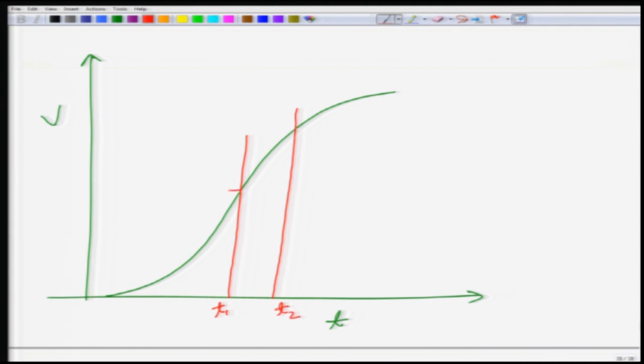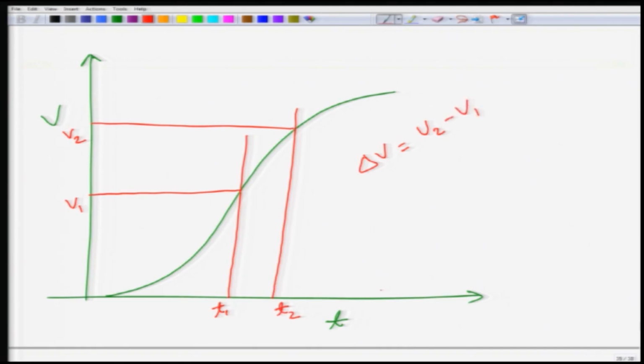The volume at time t equal to T1 was V1 and here it was V2. So, we will say that the total increment, that is delta V, is equal to V2 minus V1.